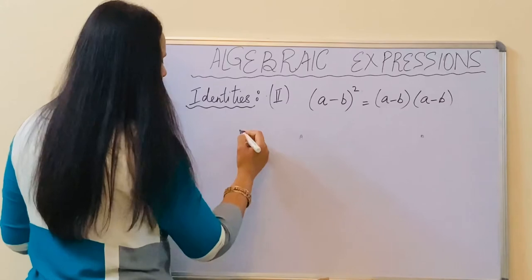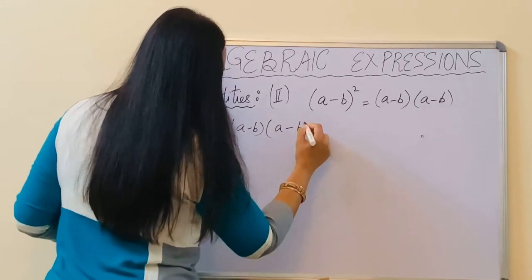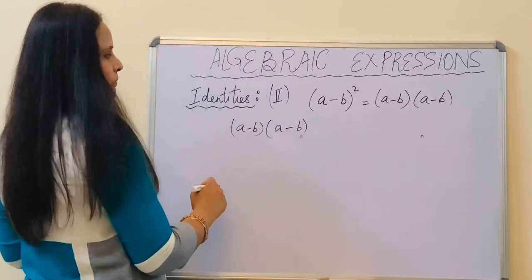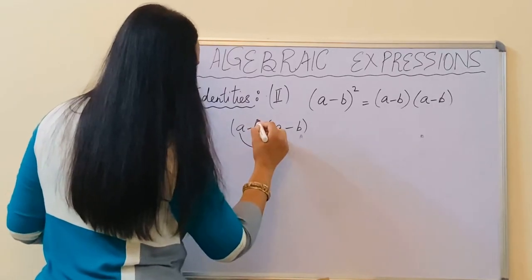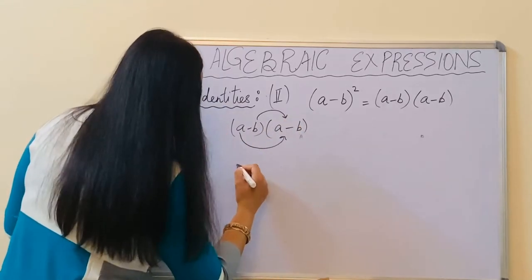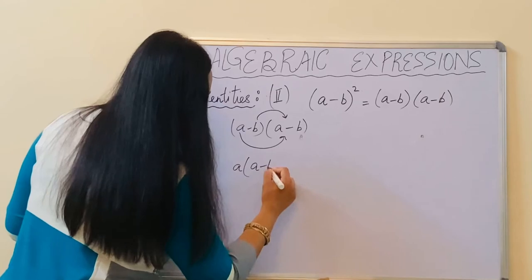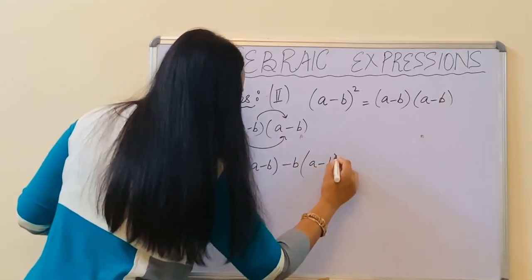Now calculating it, writing it again, a minus b into a minus b. Using the distributive property again, a multiplied by this whole bracket, b multiplied by this whole bracket. Means a multiplied by a minus b minus b multiplied by a minus b.